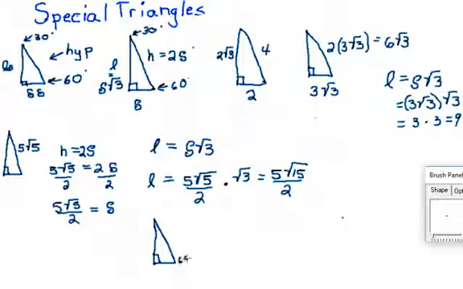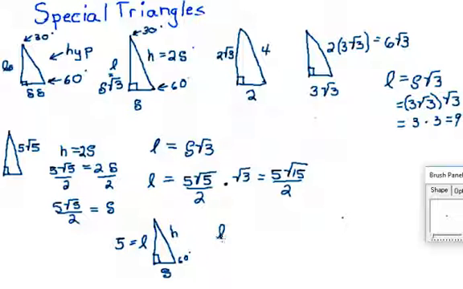So this is 60 degrees, then this is the long leg, and down here is the short leg, and this is the hypotenuse. Okay, what if the long leg is equal to 5? How do we find out what s is and then h is? We're going to need to find out what s is before we can find out what h is.